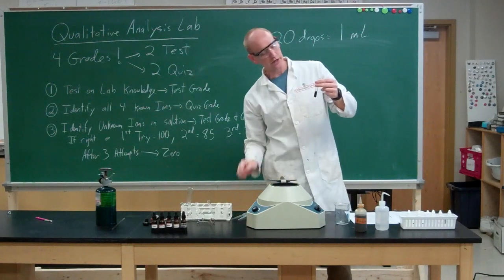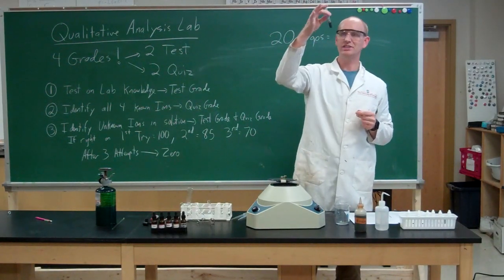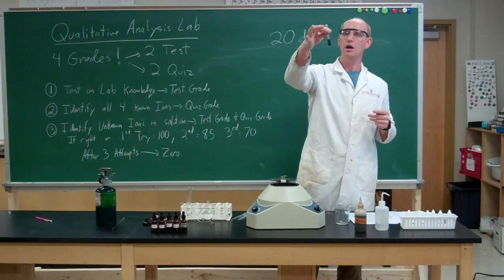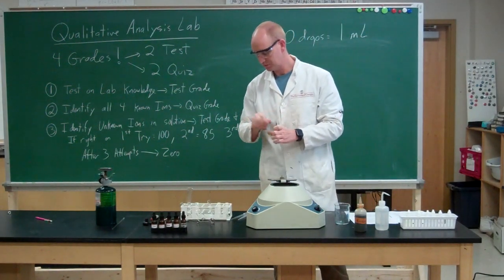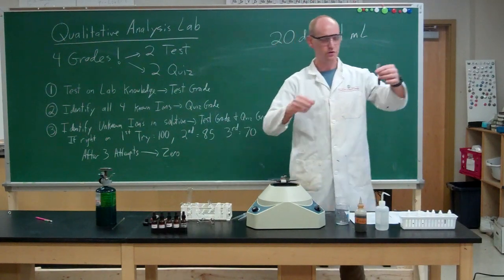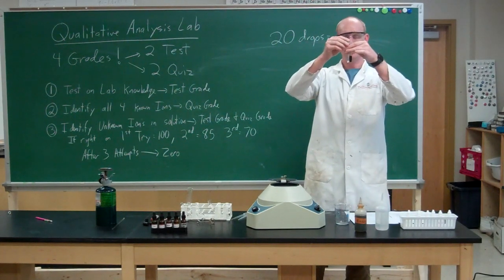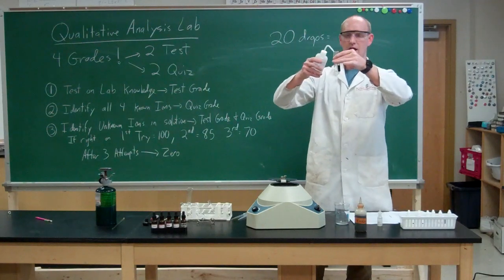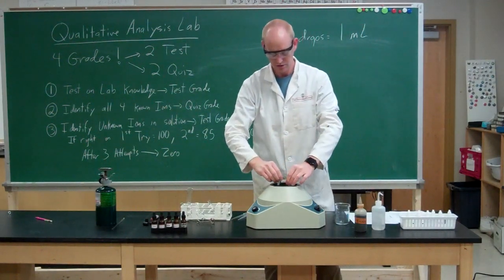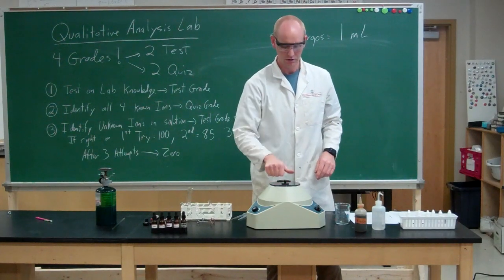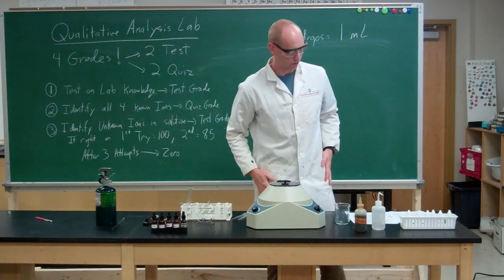So, if you make a mistake and you've mixed everything up, so I've mixed all this up, well, how do we separate it again? Back in the centrifuge. So back in the centrifuge, we take how much we need to reseparate, grab us a counterbalance, add water until they're equal, and then opposite sides, and let it spin for a little bit.